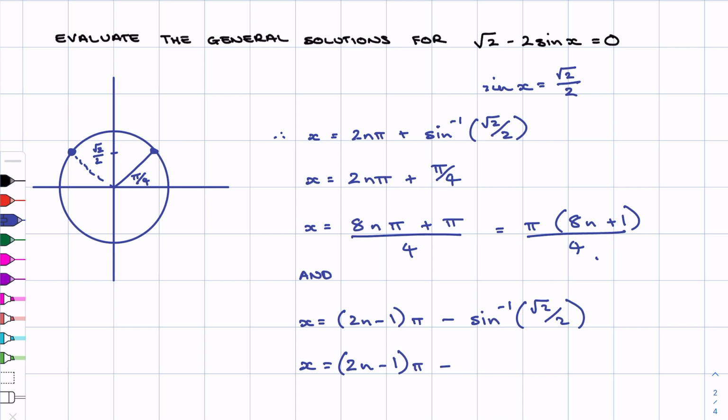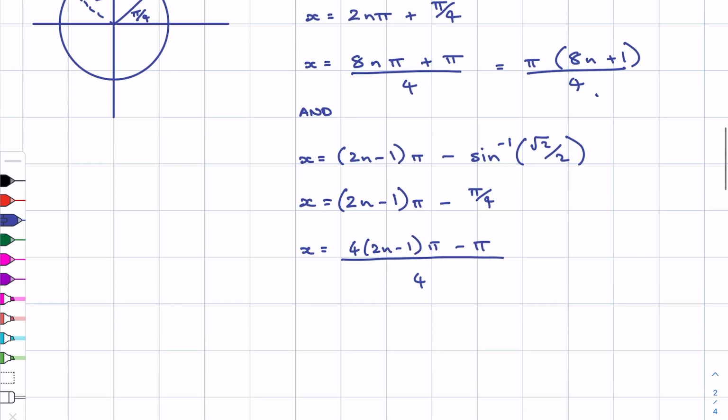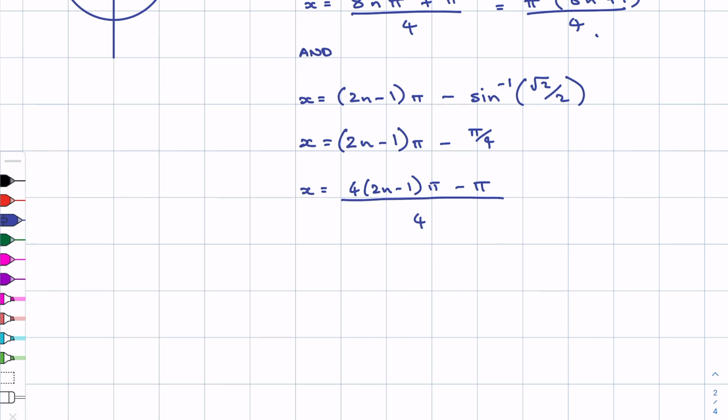Now this sine inverse root 2 on 2, I know equals pi on 4. I might try to put everything over 4 here, minus pi, and then I'm going to continue to work the function. Take pi out as a factor, expand the bracket.